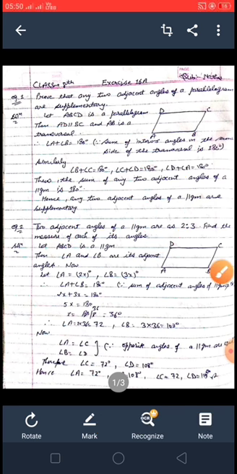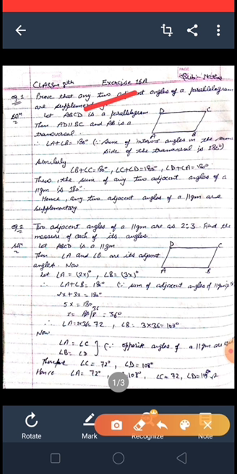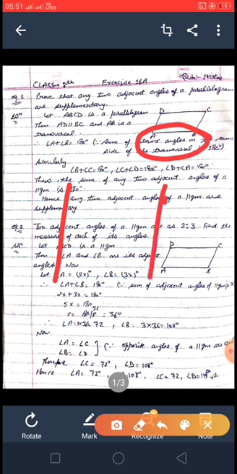So we are given ABCD is a parallelogram and AD parallel to BC, means this is AD, this is BC, parallel to parallel, and AB is a transversal line. Clear? Means these two lines are parallel and this is a transversal line.